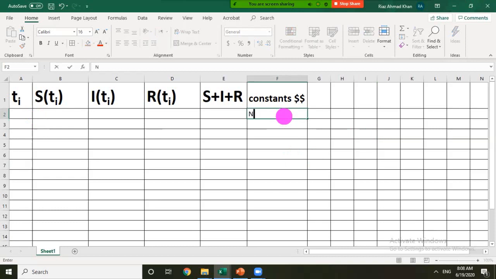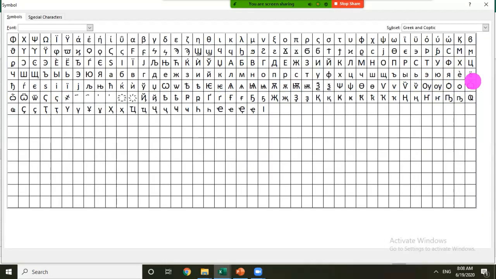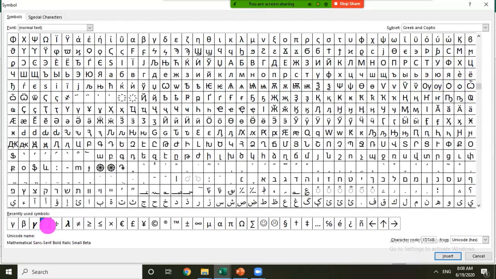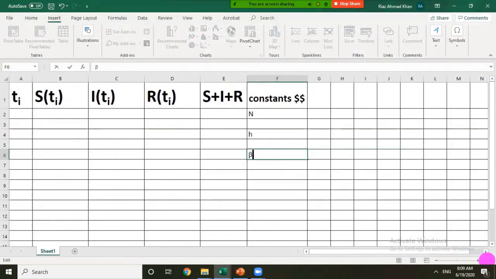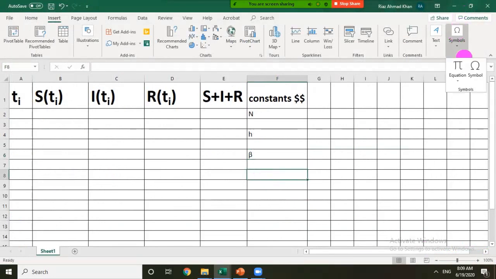So here I am writing the value of N, the value of h, here the value of beta. This is, sorry, this one, not this one, this small beta. And the value of gamma.